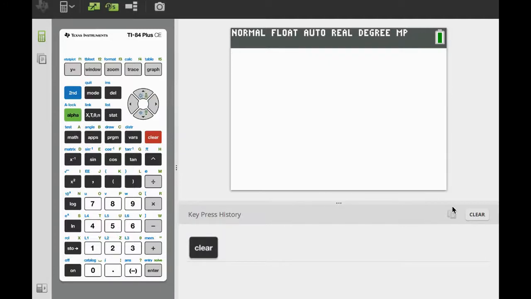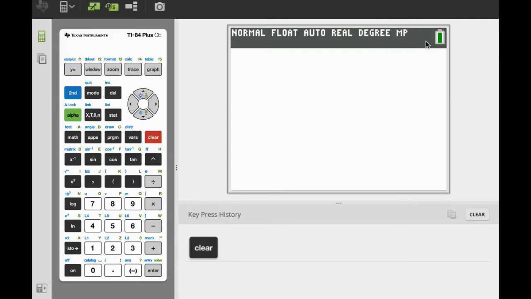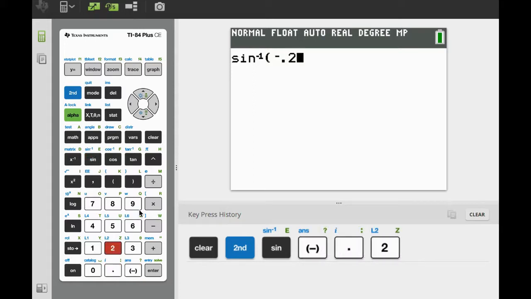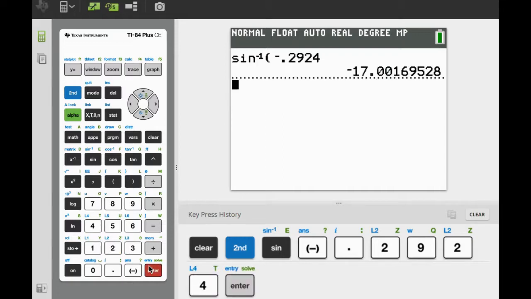Okay, for this particular problem, first off, I'm going to make sure my calculator's in degrees, which it is. So I'm going to hit second sine because that's what you hit when you're trying to find an angle. And the decimal that I have here for number 1 is negative 0.2924. Okay, now notice this angle that I have is negative 17 degrees.